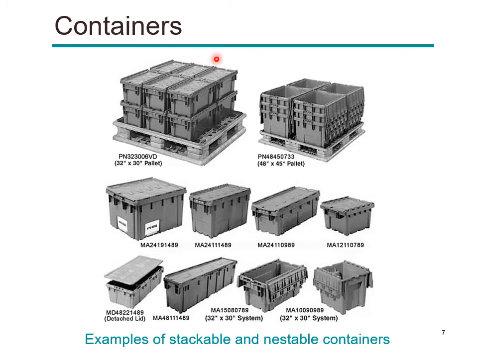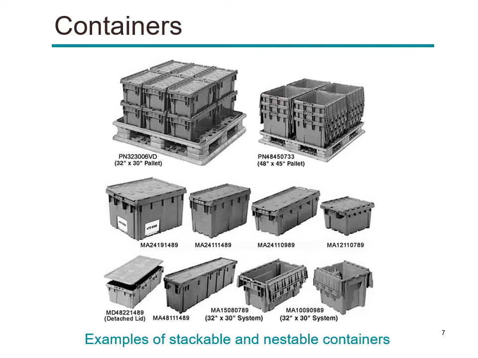You see a number of containers stacked on top of each other, and they are also placed on a pallet. Okay, so these are stackable containers, and you see there also, when they are empty, they are nested. So this is one container, another container is nested into that, and another container is nested into that.